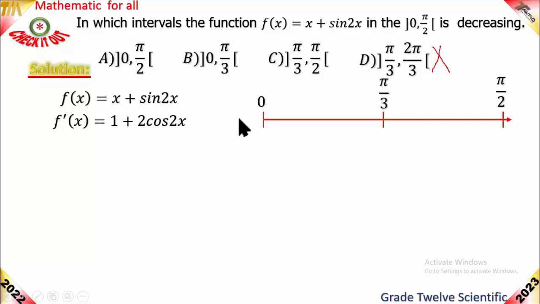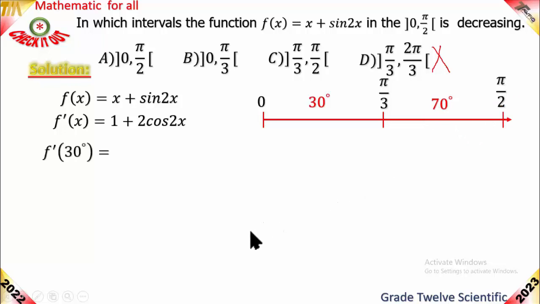And now to know the sign in each interval, take a number in each interval. Pi over 3 is 60, then we must take an angle between 0 and 60. That means it's 30. And between 60 and 90 take 70.